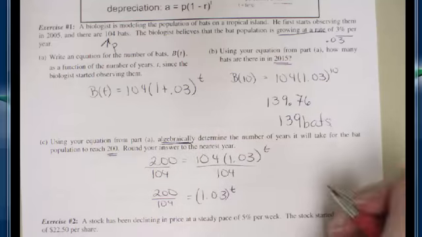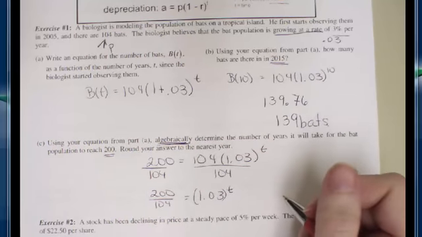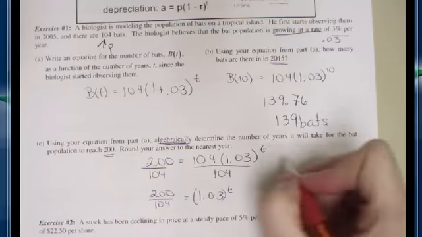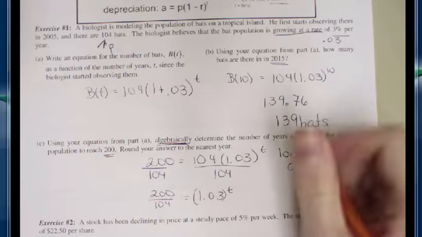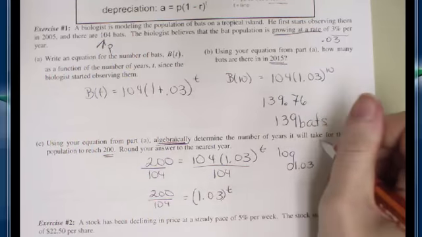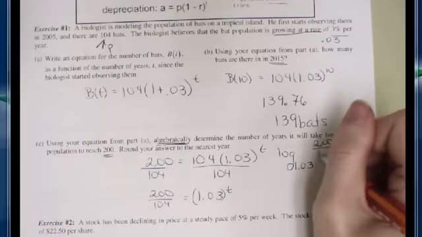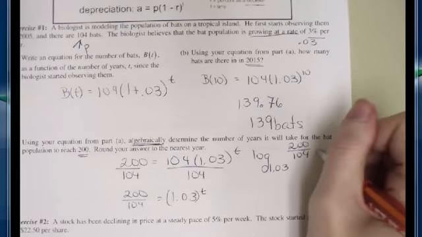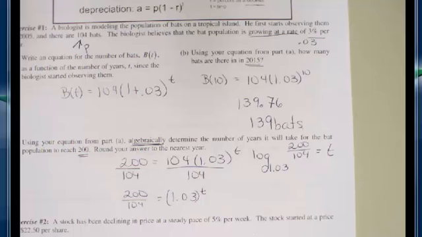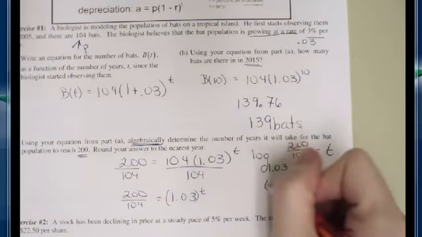Okay, so now I'm in exponential. I want to turn it into a log. So log base 1.03 of 200 over 104.